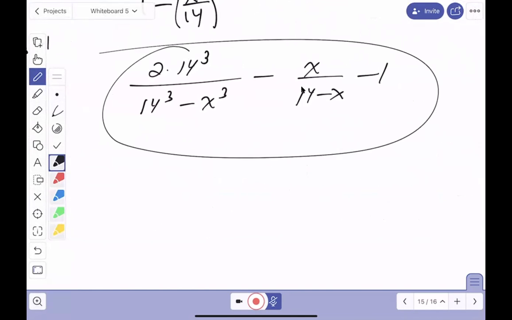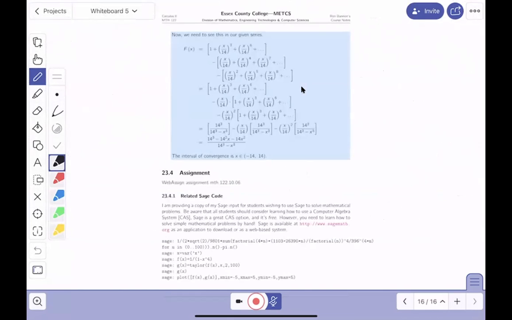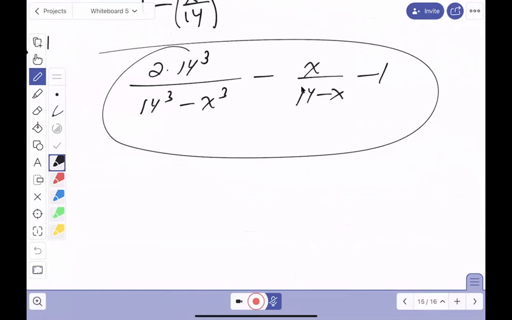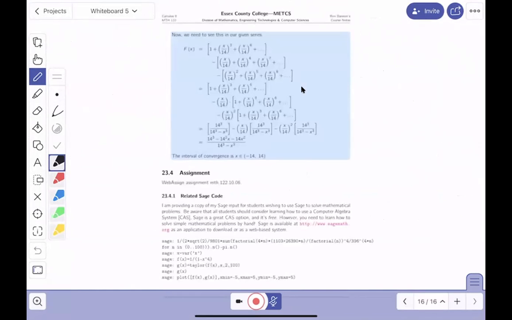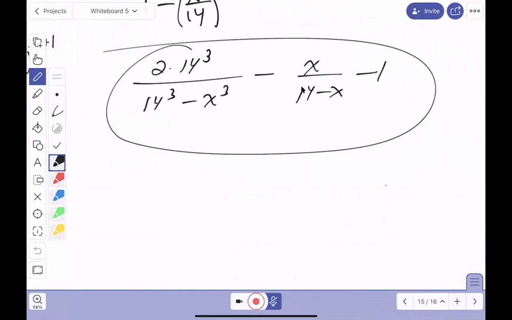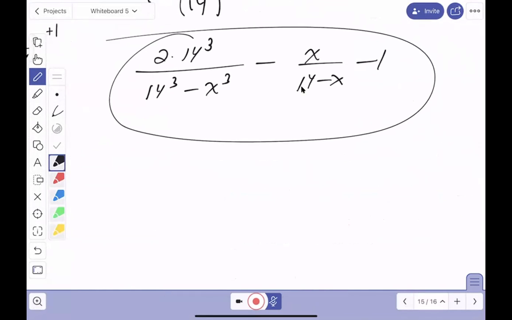I found the sum. Let's go to the next page and see how we did. 14 cubed minus x cubed. You know what? I'm going to go through it. The LCD is, let's write this down, 2 times 14 cubed, 14 cubed minus x cubed. This over here is going to be 14 minus x.